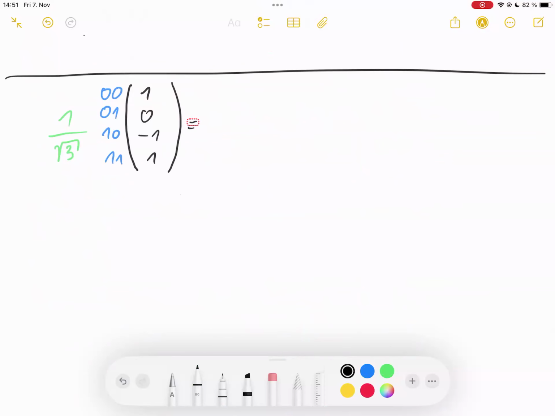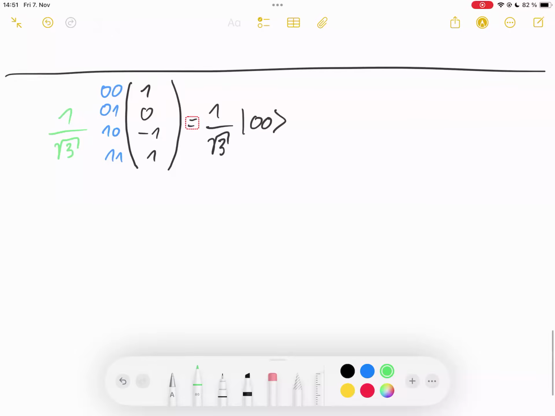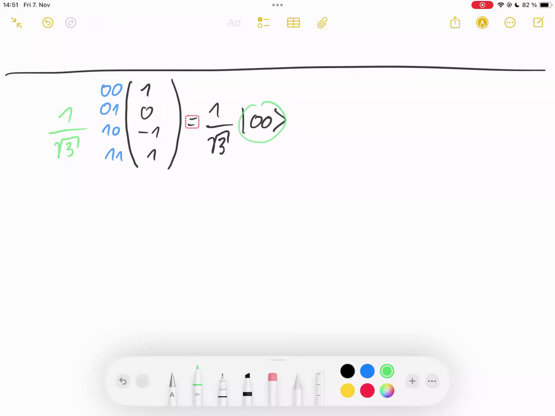So one way we could rewrite this is 1 divided by the square root of 3 times 0, 0 cat, which would refer to this one. And we have the constant factor, 1 divided by the square root of 3.